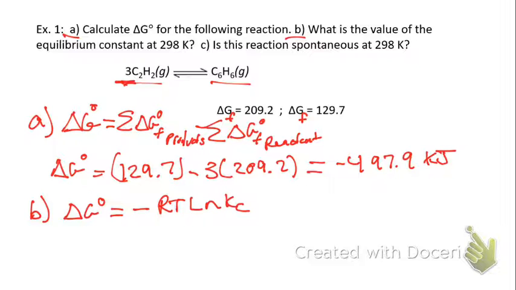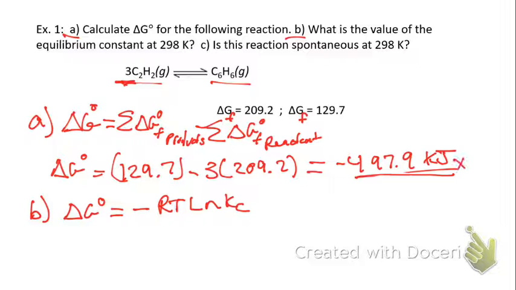So what I'm going to do is I'm going to go ahead and divide this by 1,000 to get it into joules in order to find our Kc value. Okay, so we're going to plug this in, and I should have then actually not divide, take that back, I need to multiply.